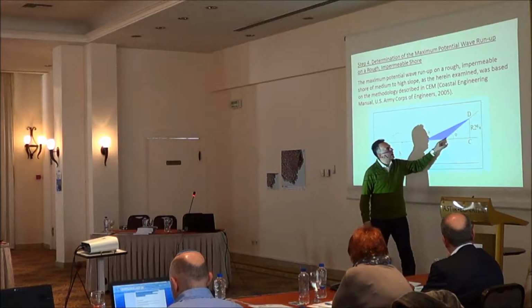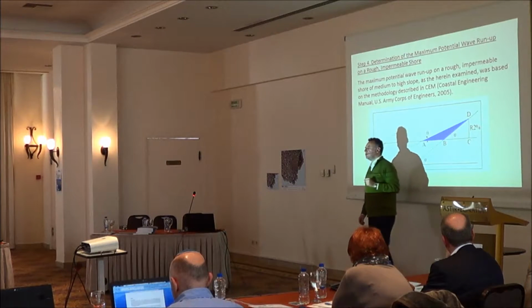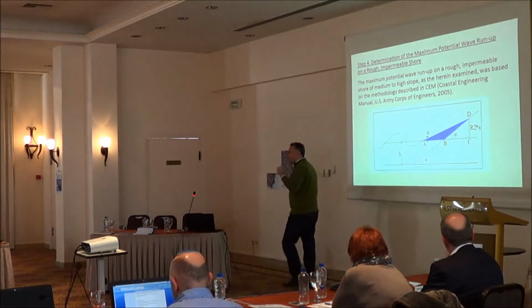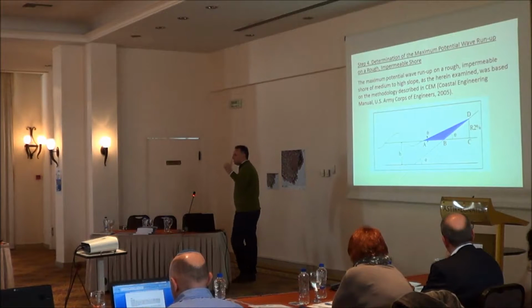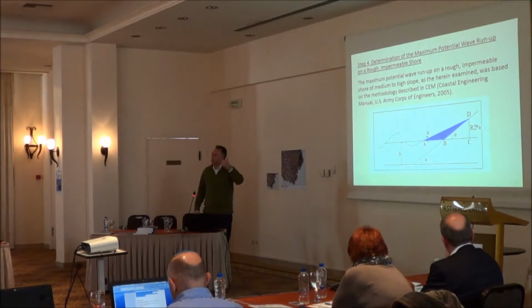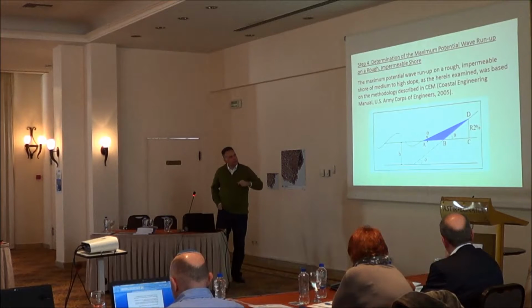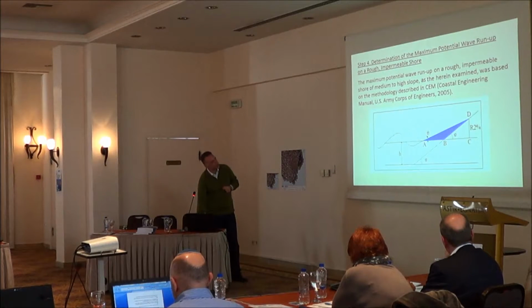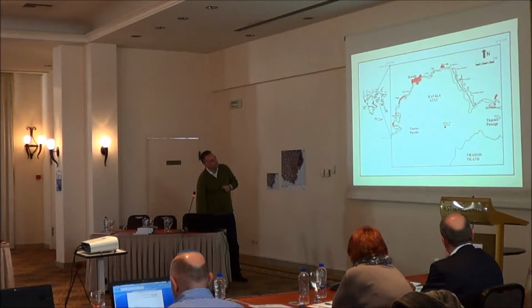The maximum wave run-up is the wave run-up of the maximum wave. So if we know the maximum wave, we know the maximum wave run-up. And if we know the maximum wave run-up, we determine the baseline of the setback zone. So our model solves these equations to calculate the position of point D.